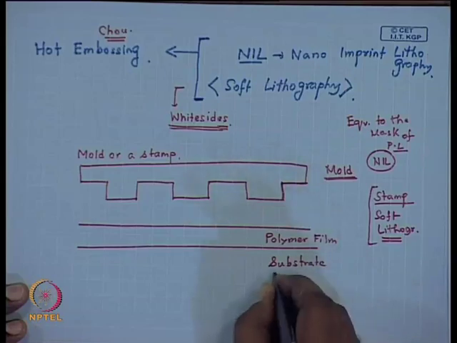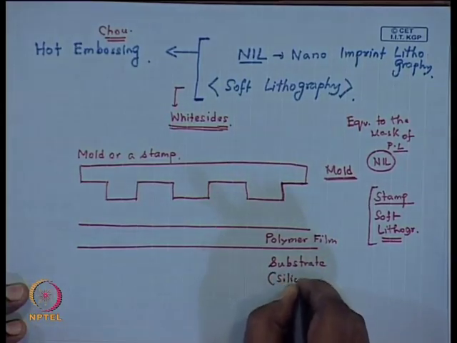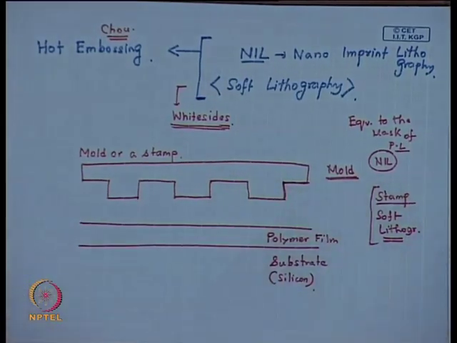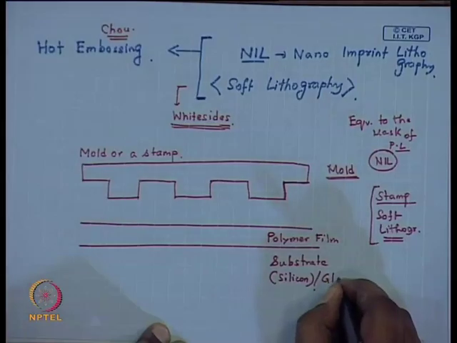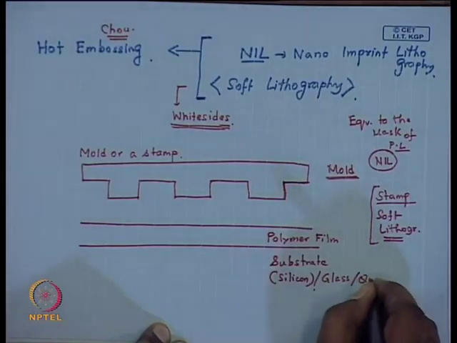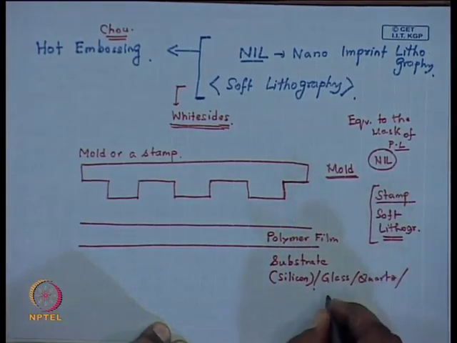This substrate can be silicon, but since many of the nano imprint lithography made structures might find application in non microelectronic settings, it is not at all mandatory that you have to work with silicon. It can be glass, it can be quartz, or it can be other polymeric surfaces also.